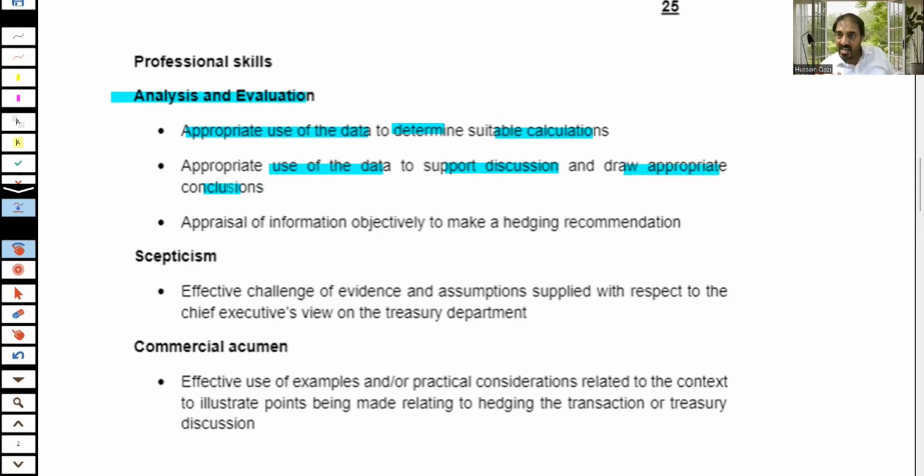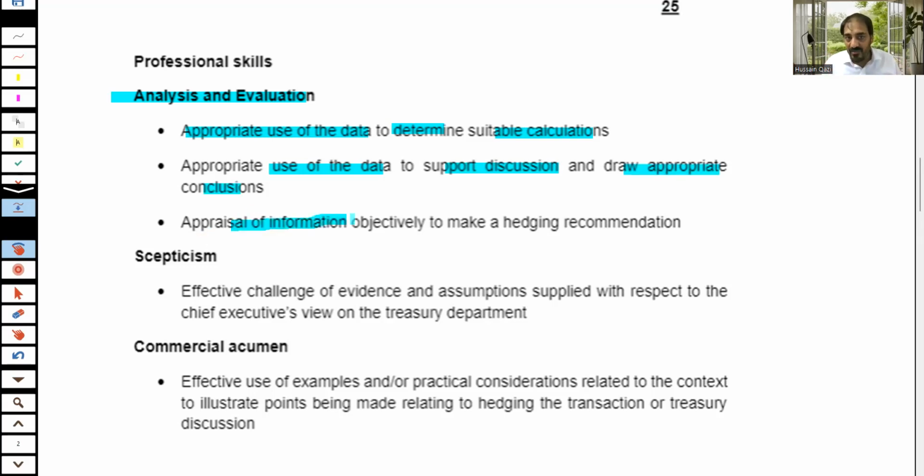Your final conclusion should not be just, okay, accept the forward contract. No, use the data and make a discussion. And do remember, discussion means for every hedging technique, some plus points, some minus points. So that is called supportive discussion.